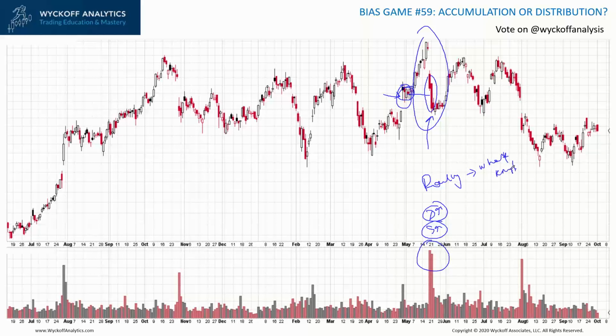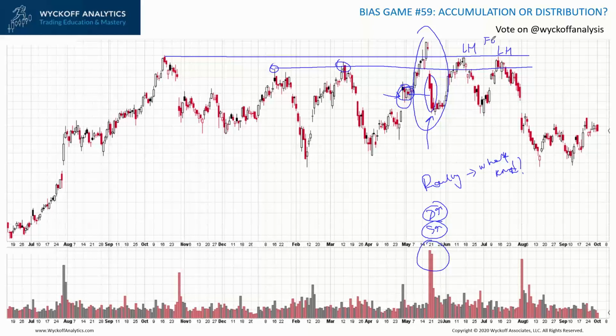That's the next question. Okay, well, the next rally for us is making a lower high. The rally after that, another lower high. And it's in that area of the buying climax and intermediate tops and phase B. Those are failures. They do not materialize in breakouts to new highs.